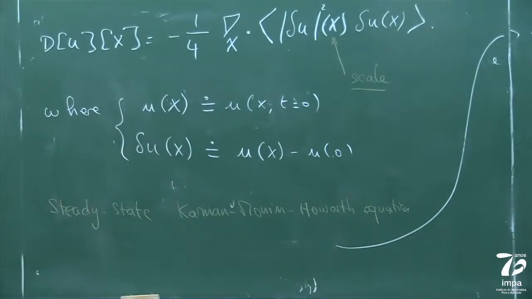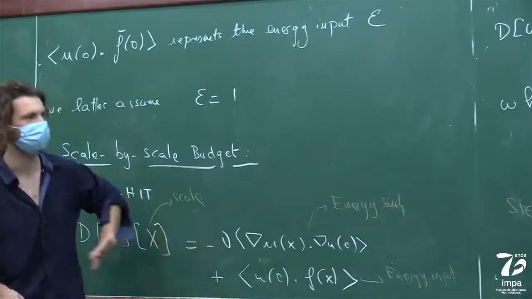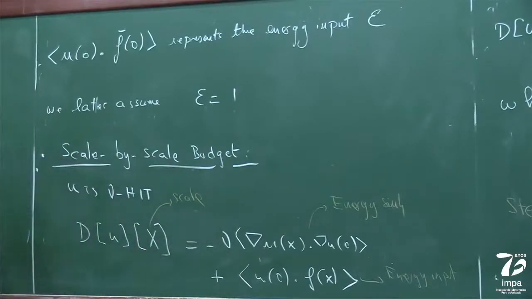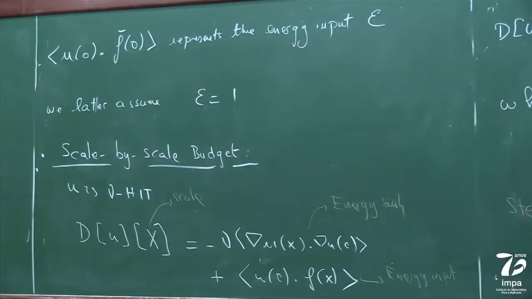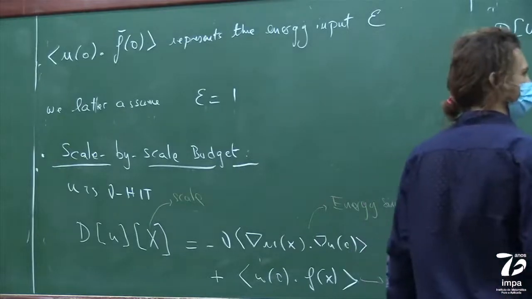And its derivation is slightly painful but useful. So I will just sketch how this kind of relation can emerge out of the Navier-Stokes equation, because it will be really useful in order to understand what it means. So let's try.